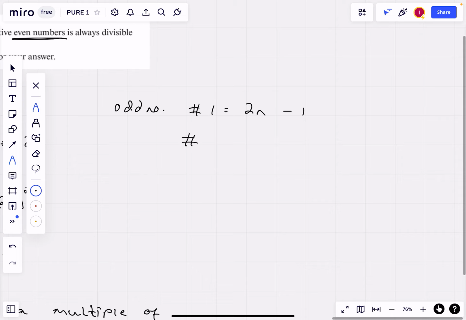Odd number 2 would be 2n plus 1. Or you could do 2n minus 3 potentially. Okay, you're going to do the square of each and you're going to work out the difference. So same thing as before. Can you expand and simplify this for me, please?